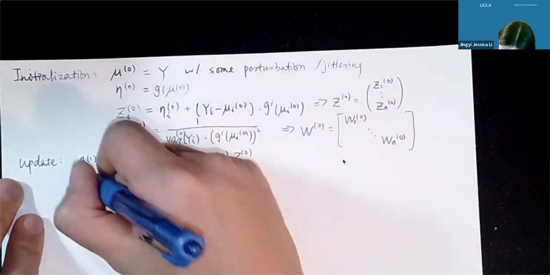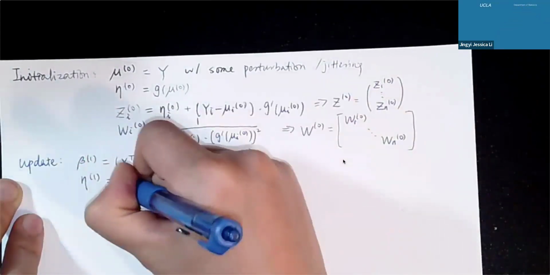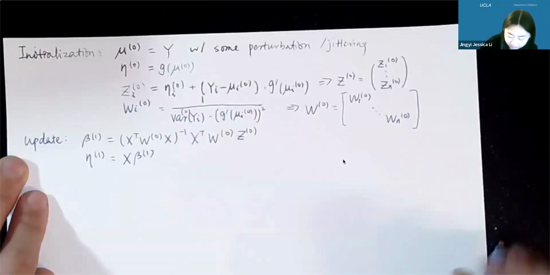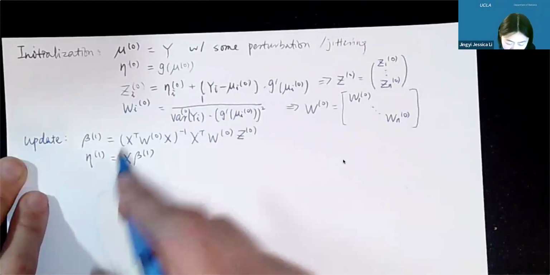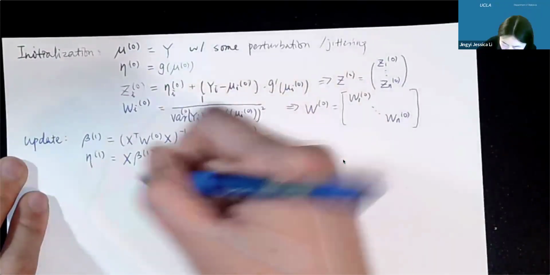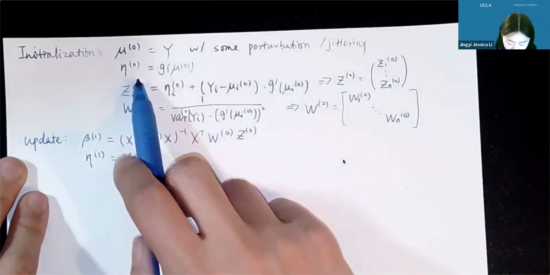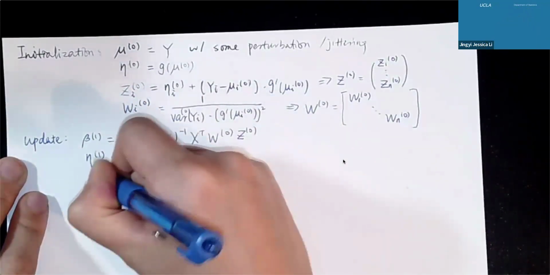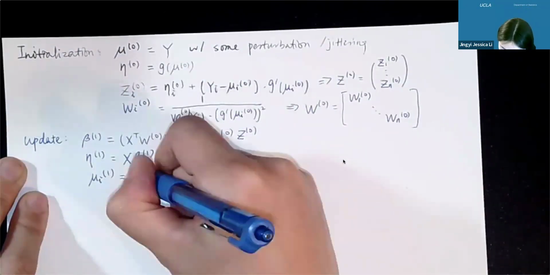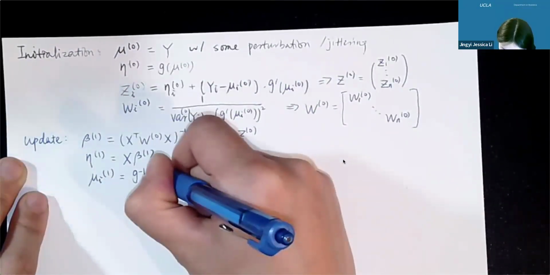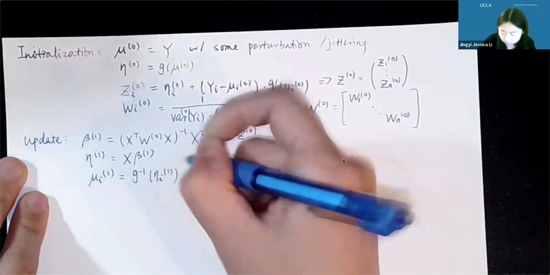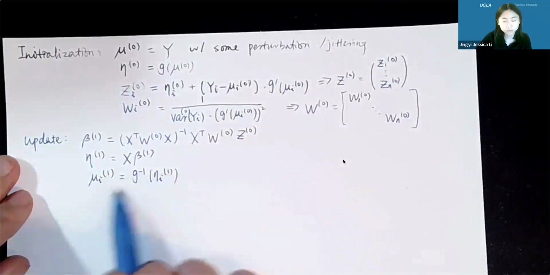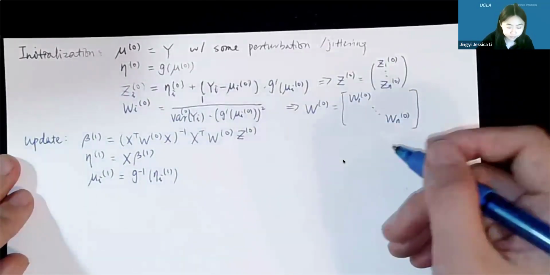Then correspondingly, we update eta. Eta 1 is X beta 1, the linear predictor, and I'm now using the matrix form. And then, furthermore, we need to update mu and Zi for the next round. So mu I1 is just the inverse of G applied to eta I1. The reason is that G of mu I1 is eta I1, so we take the inverse of the link function.